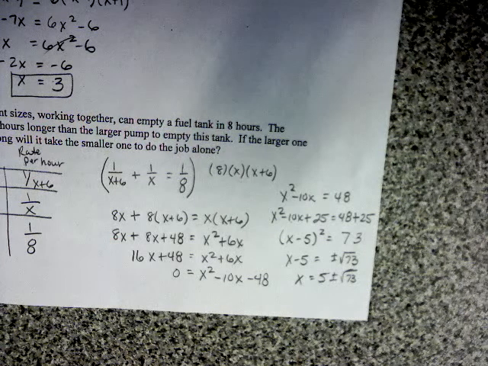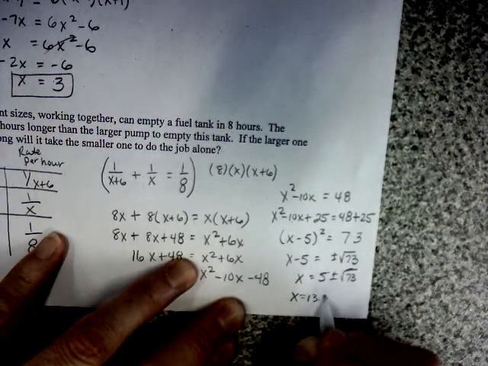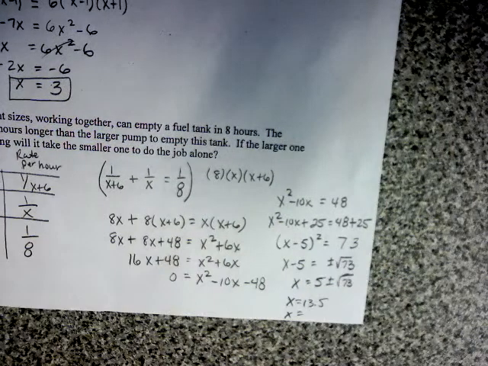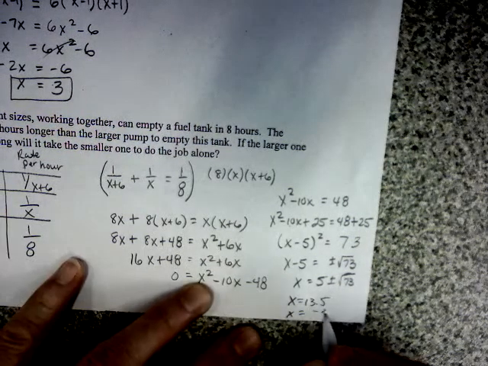So you can take your calculator and multiply that out. Just do 5 plus the square root of 73 and 5 minus the square root of 73. So 5 plus the square root of 73 is 13.5. And the other answer is going to be 5 minus the square root of 73, which is negative 3.5.